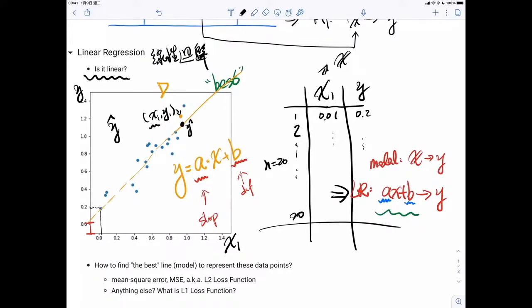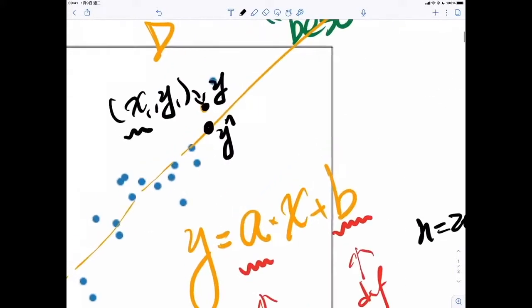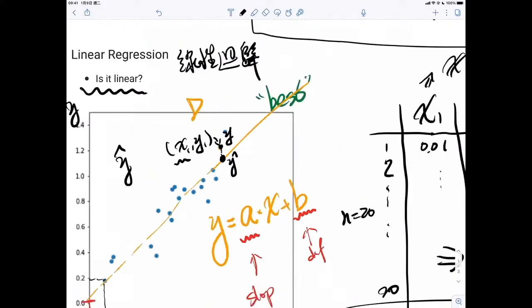The actual y is at the other point. If you use the orange line to describe the original data and input x1 into this line, the y hat is on this line, which is correct. But for this data point, the actual y1 is right here. It has a small difference between y hat and the actual y, right? So the difference is right here.